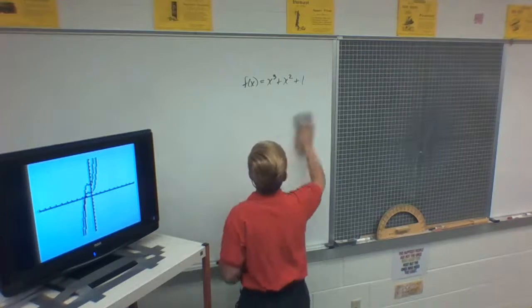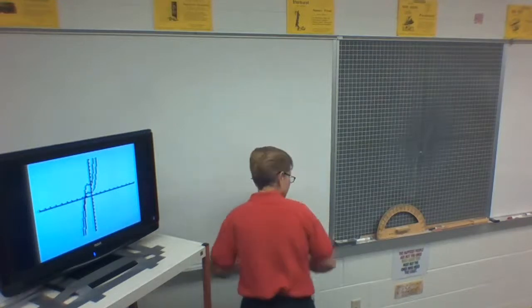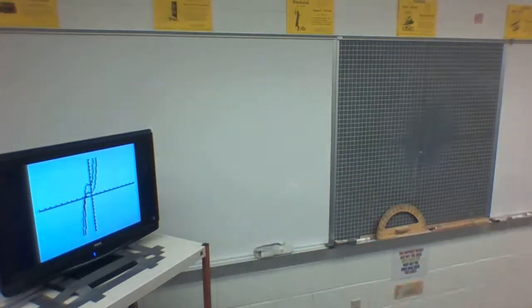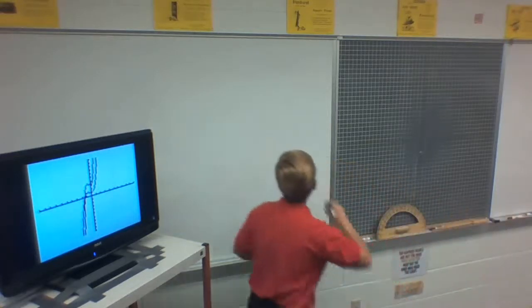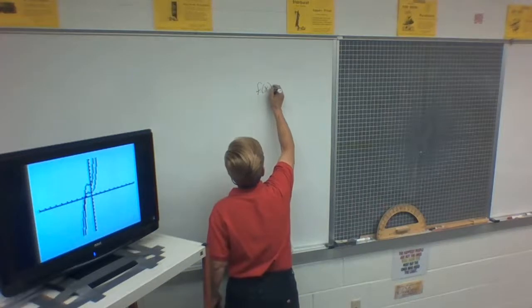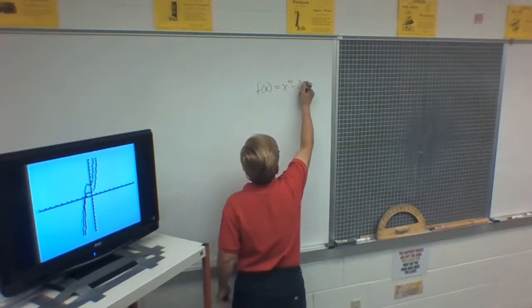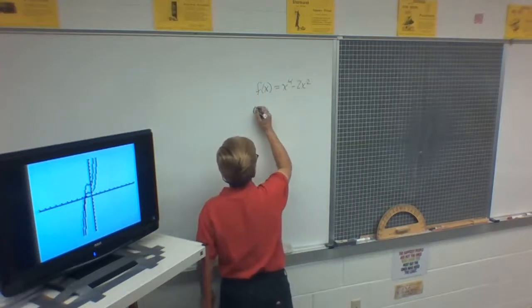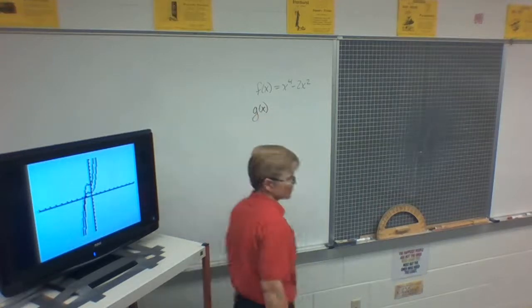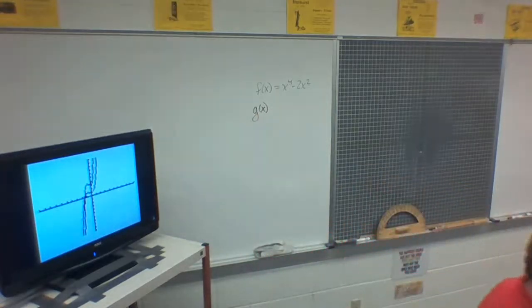So this is a little tougher. It keeps getting tougher and tougher as we go along here. Thank goodness there's only 2 examples left. The function we wish to transform is x to the 4th minus 2x squared. And g of x has to be f of x with these described transformations that we've got to put in appropriately.